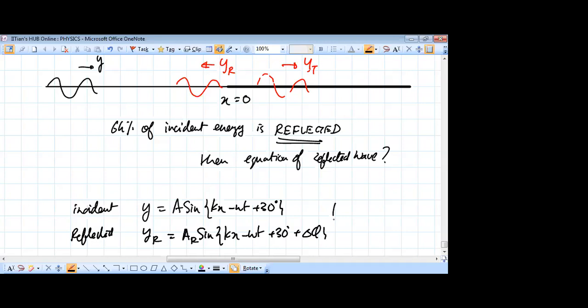Why should they have the same omega? Because omega of incident will be the same as omega of reflected and omega of transmitted, since that is just the frequency of the incident wave. All three have a common frequency f.